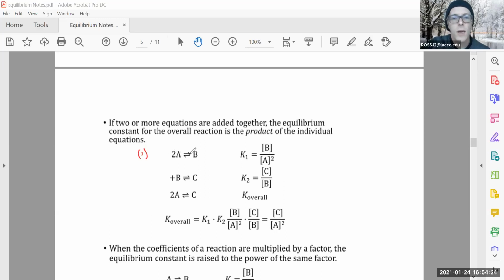We have two lots of A in equilibrium with B. For equation 1, we have the equilibrium constant 1. So it's B over A squared. Because there's a coefficient 1 for B, it's order 1 in B. Because there's a coefficient 2 for A, it's order 2 in A.